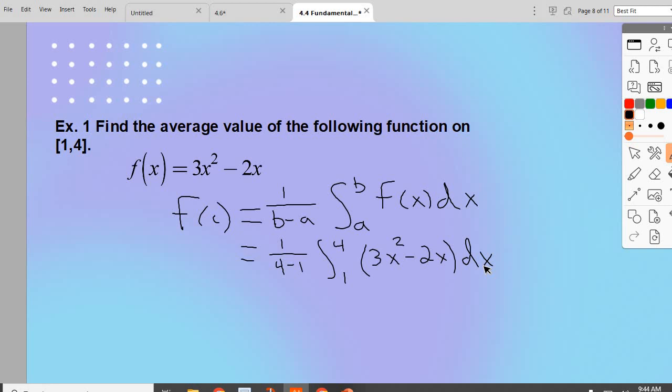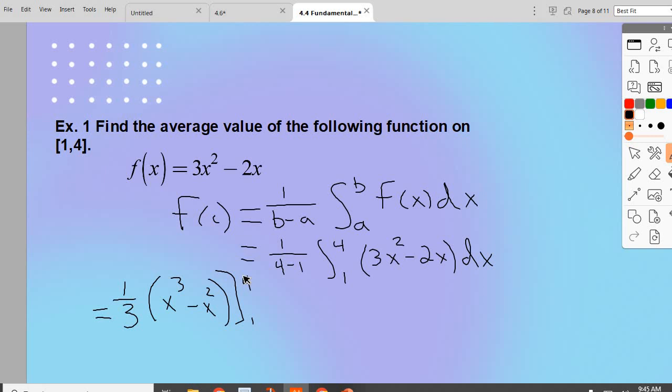Well, so what is the antiderivative of 3x squared? And the antiderivative of negative 2x? And we are evaluating from 1 to 4. Are we okay with that? Yes?